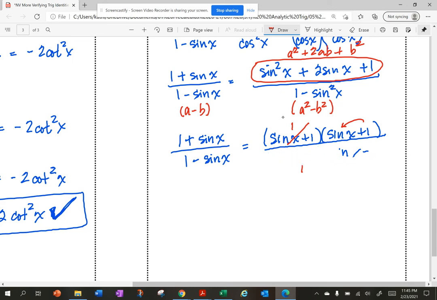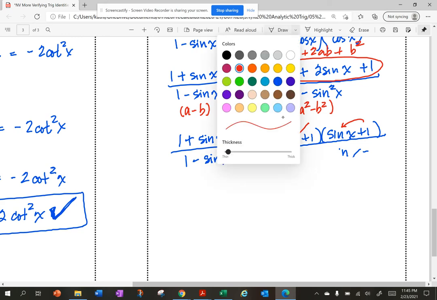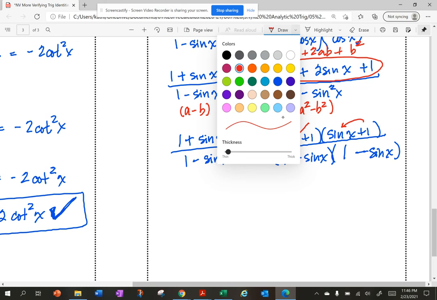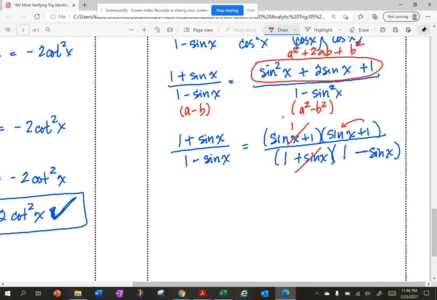I messed up here. I'm sorry. So when I'm factoring here, this would be in the denominator. This would be 1 plus sine of x and 1 minus sine of x. So when I'm adding, the order doesn't matter. So this 1 plus sine of x is the same thing as sine of x plus 1.